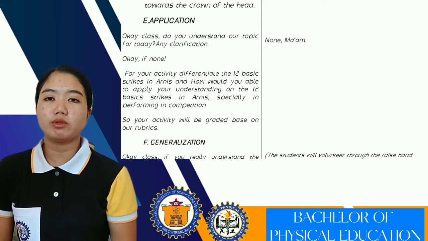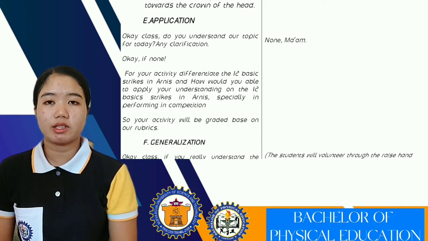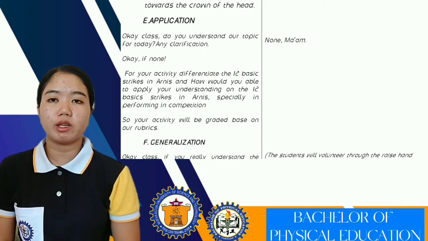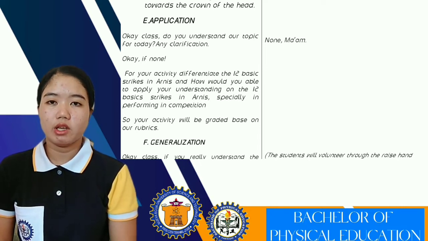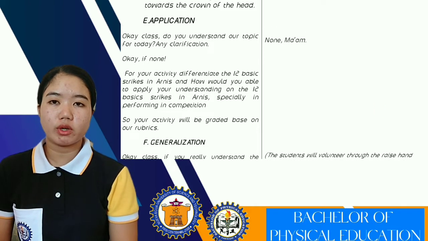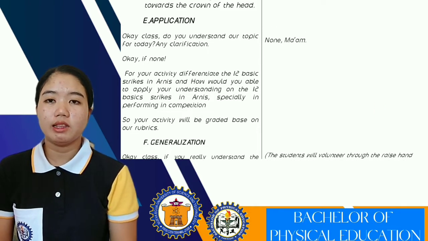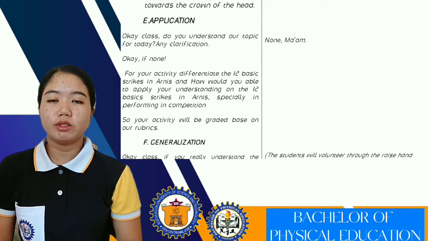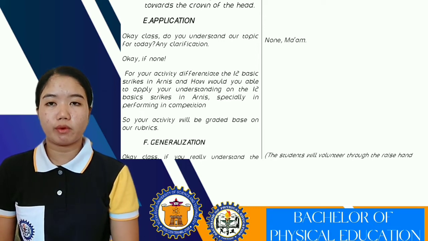And how would you be able to apply your understanding of the 12 basic strike in Arnis, especially in performing competition? So your activity will be graded based on our rubrics. So in making application, it is formative style like identification, multiple choice, or written performance.